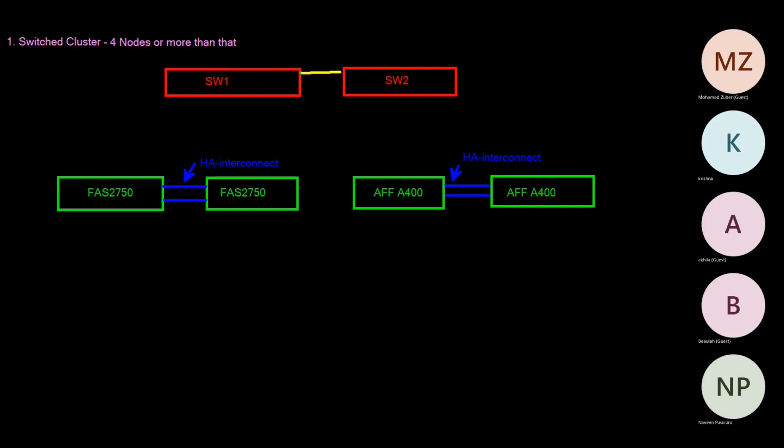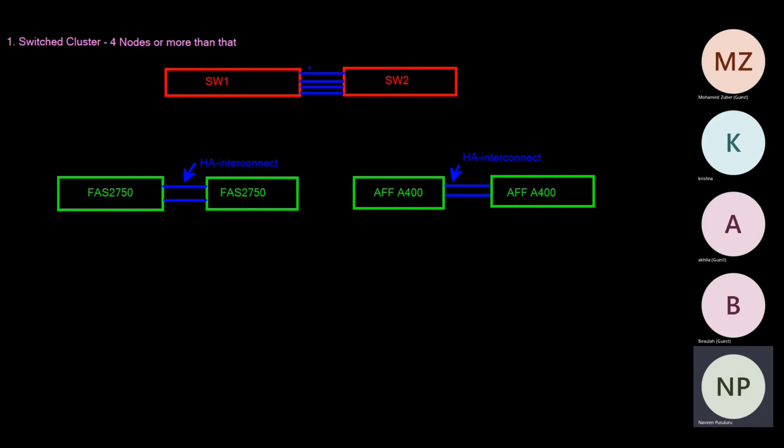So what we are going to do is select 4 ports on switch 1 and 4 ports on switch 2, and connect them with cables. With the help of these 4 connections, switch 1 will be able to talk to switch 2 and switch 2 will be able to talk to switch 1.